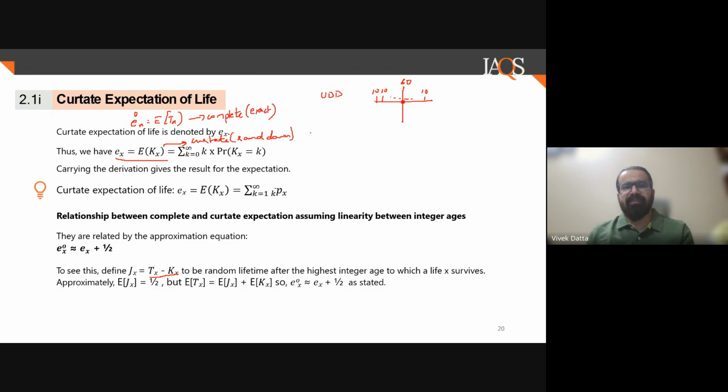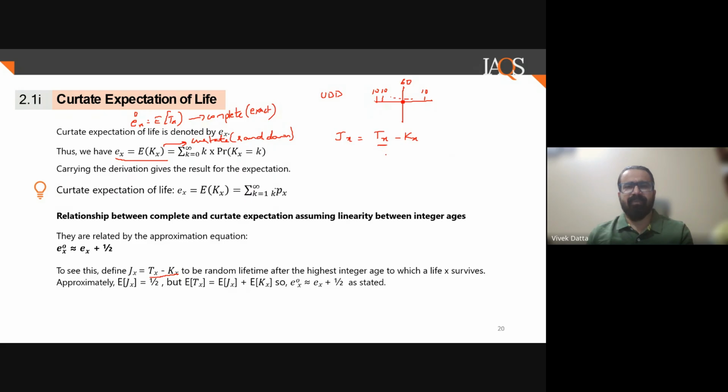So what are we saying? They have defined JX to be equal to TX minus KX. TX is complete future lifetime. KX is curtate future lifetime. In TX, because we assume linearity between integer ages, some people could have died in the first month, second month, third month, and so on, so on average it happens in the middle.